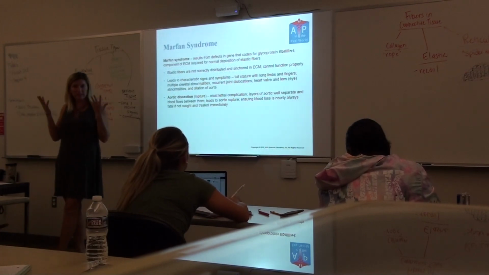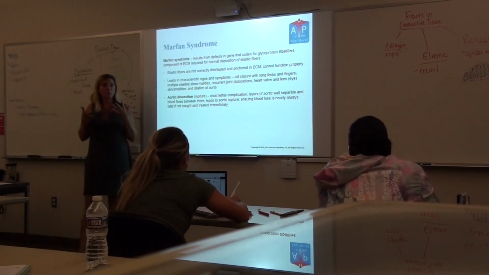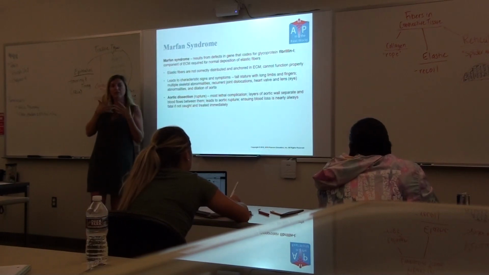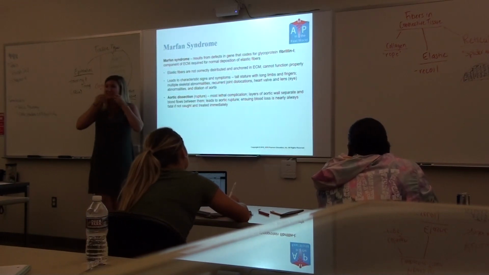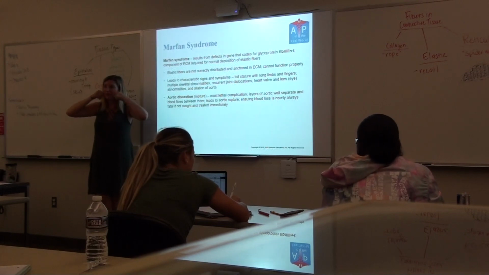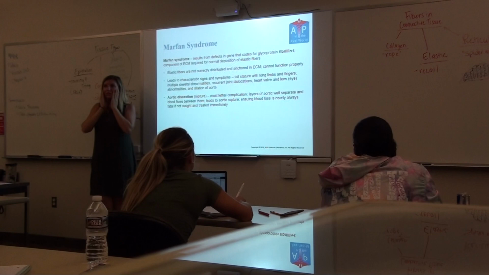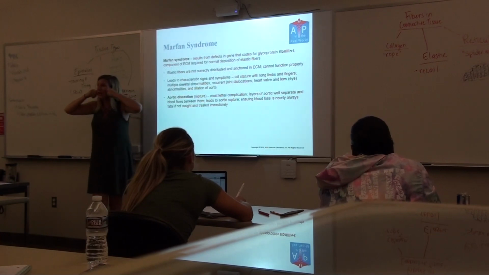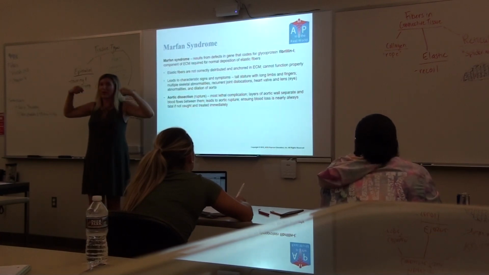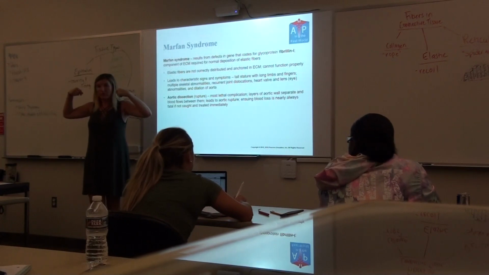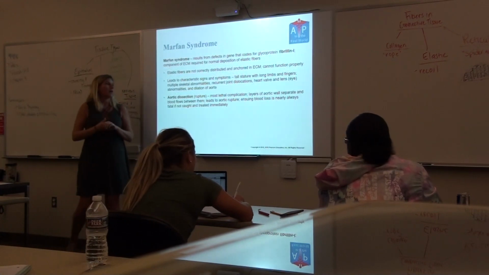Think Marfan syndrome, kind of thing like that. And people with Marfan syndrome, because of all these elastic fibers underneath your skin, can actually stretch their skin really far. If I pull on my cheeks, I can't go very far, right? It's because I'm so young and my skin's so tight. But if I had Marfan syndrome, I could pull it out even further. People with Marfan syndrome can do that.